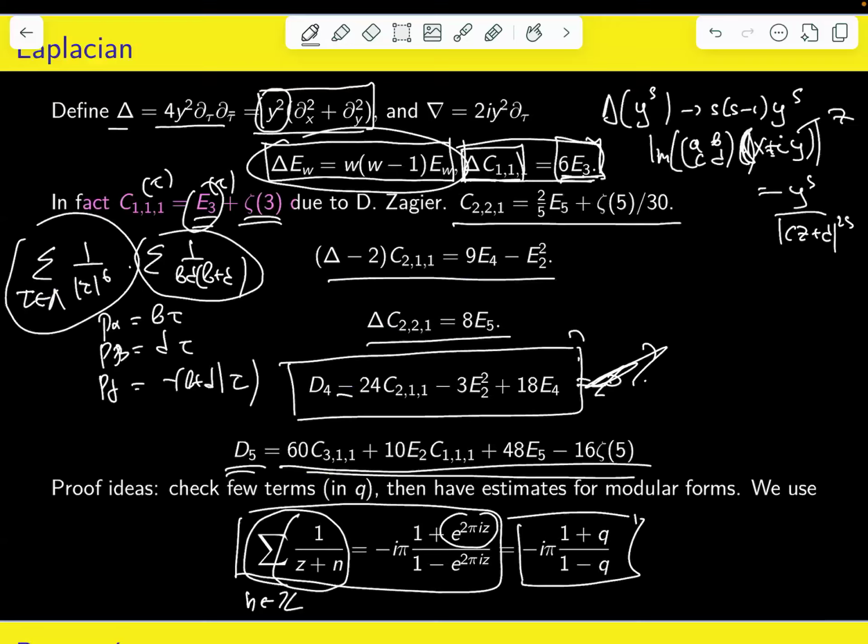Maybe if you don't care about convergence in the intermediate steps, maybe it's okay. I don't know. You see, it's just hundreds of articles. I don't see how to check it. But I believe it's true because they are modular functions and the dimension is finite. How do you estimate the dimension? I don't know. They say okay, here the dimension is 8, so it's enough to check 8 coefficients.